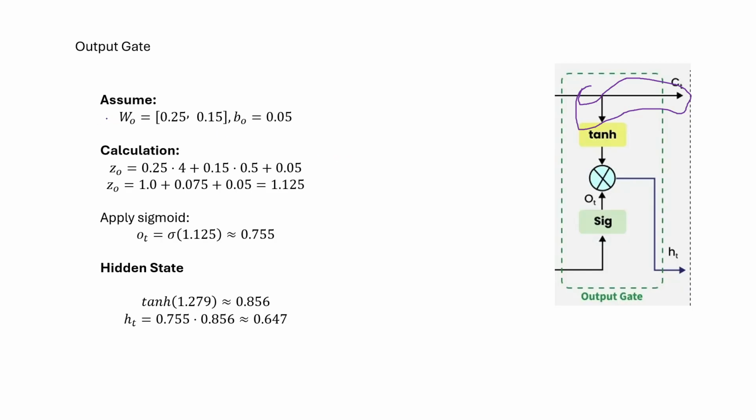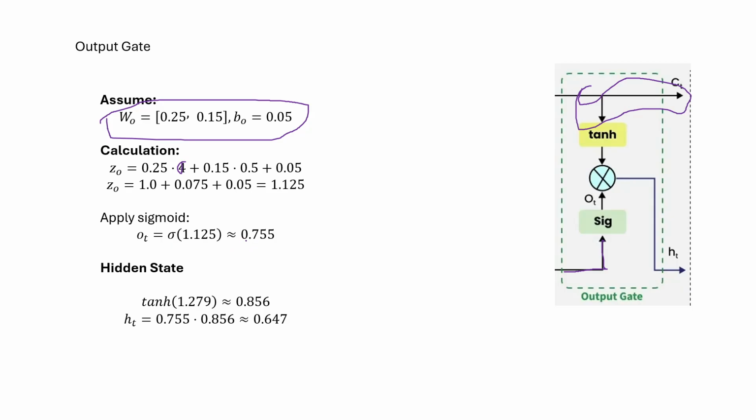Again, assuming some weights and biases, we'll do weight plus biases for the input. This is the input for weights and bias. Then we do the activation function.